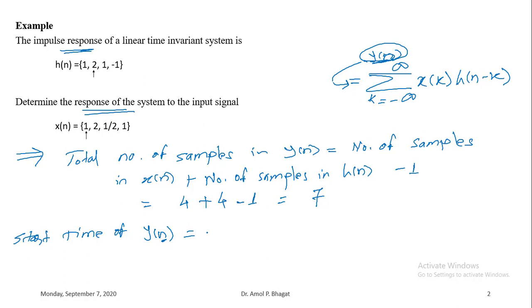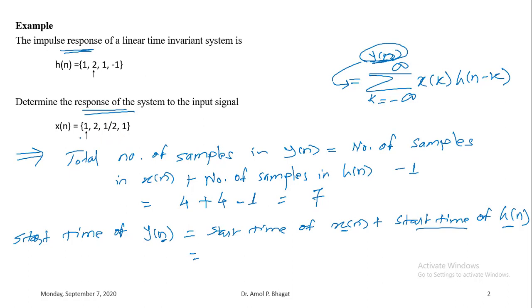So the start time of x of n plus the start time of h of n will be the start time of y of n, or you can also say it is the lower limit of x of n plus the lower limit of h of n.